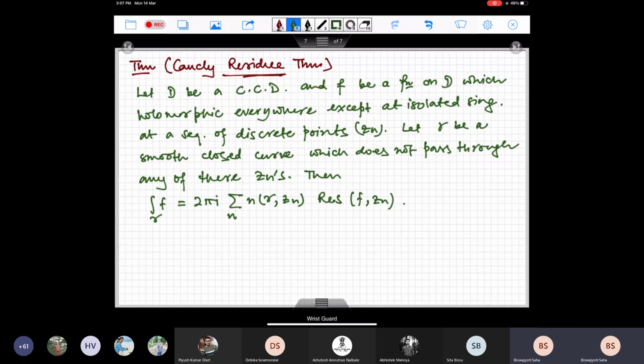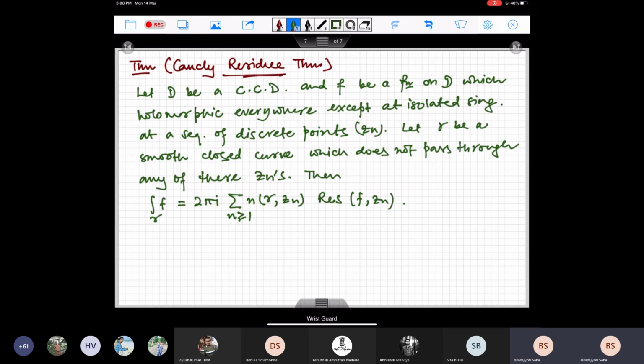I'm saying that I have a smooth closed curve, and this curve is not passing through any of the singular points. Then the integral is nothing but 2 pi i summation over n, actually there are two n's, so this n is the winding number, summation n bigger than or equal to 1 of n(gamma, Zn) residue f at Zn. Okay, so that's Cauchy residue theorem for you.